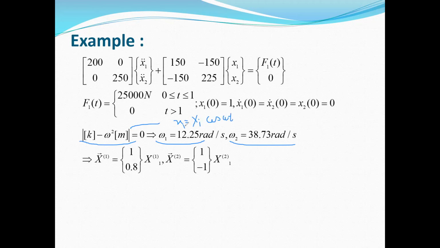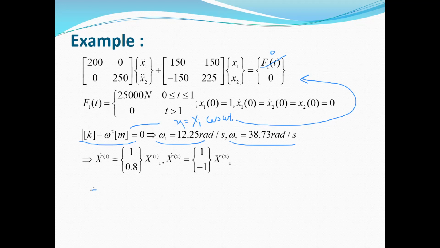By substituting this solution in the main equation, of course into the homogeneous form, I mean when the f1 is 0, we will have this matrix k minus m omega squared.